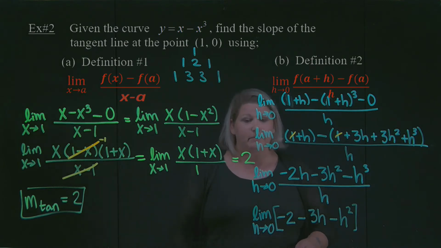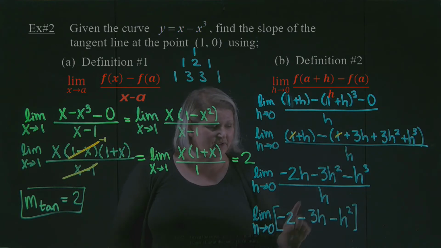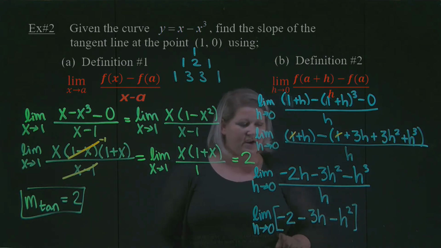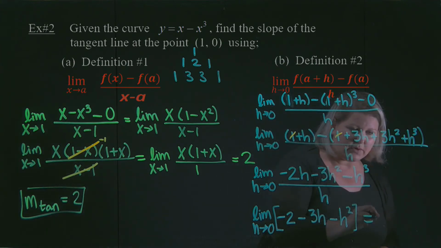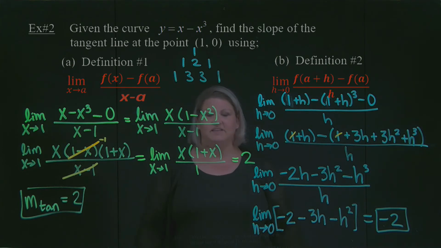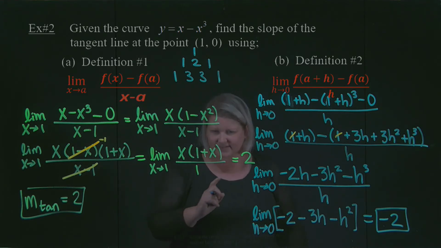Okay, now I can plug in my h equals 0, as I've got something that canceled. If I plug in h equals 0, the minus 3h goes away here, the minus h squared goes away here, and I end up with negative 2 minus 0, which is going to give me negative 2. And then I think to myself, because it's not supposed to be negative 2, it's supposed to be positive 2. So the slope of the tangent is wrong about something.